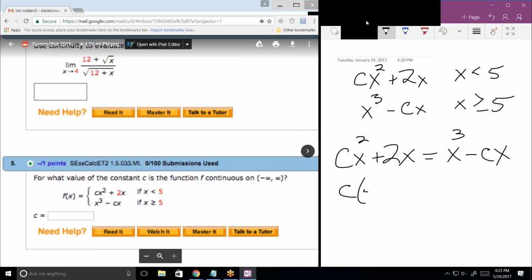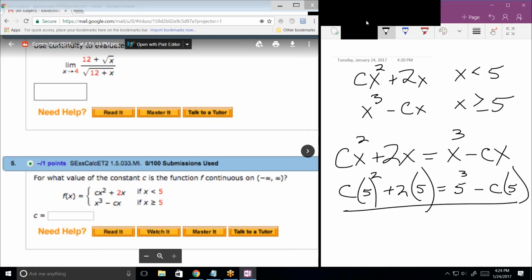C times 5 squared plus 2 times 5 equals 5 cubed minus c times 5. Now we have one equation, one variable, c. All I have to do is solve for it, and I'll have the answer.